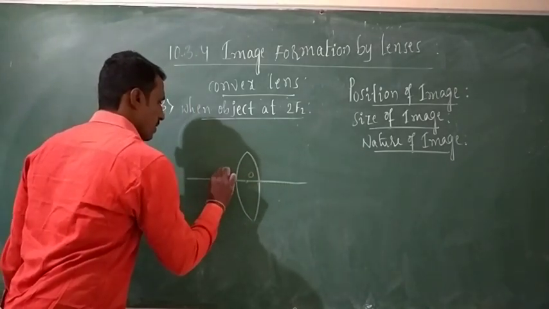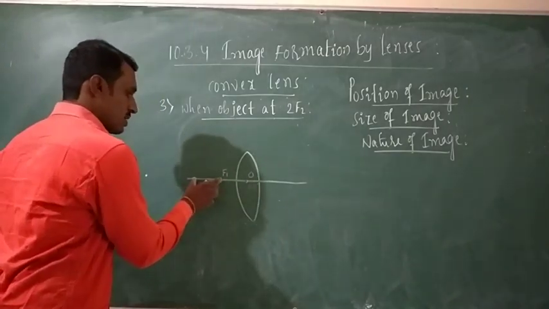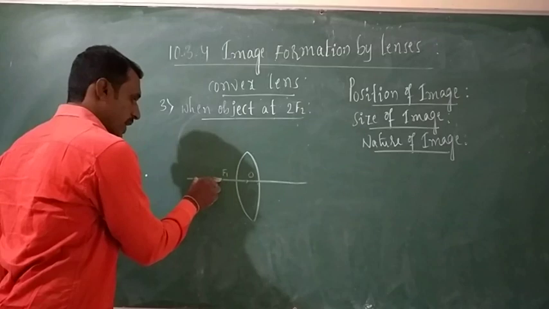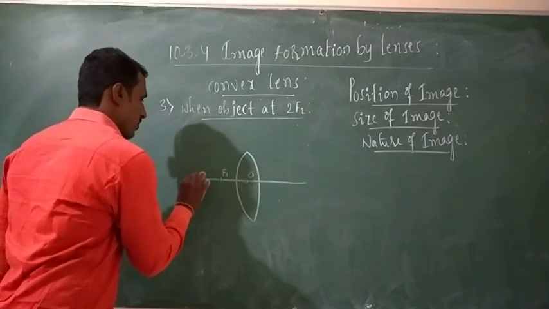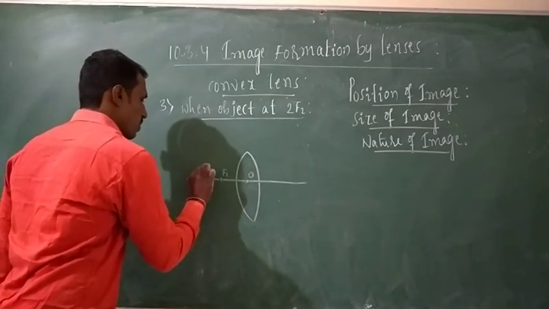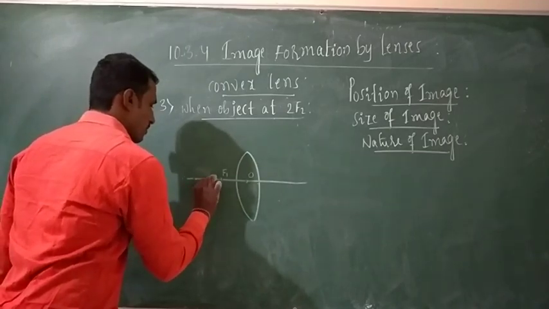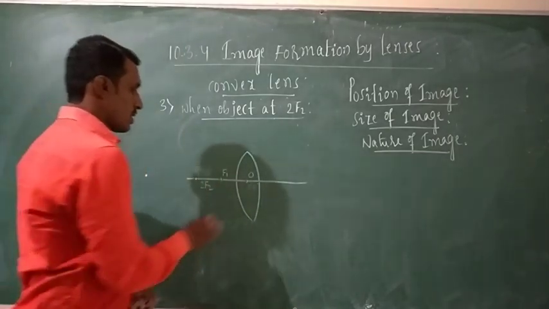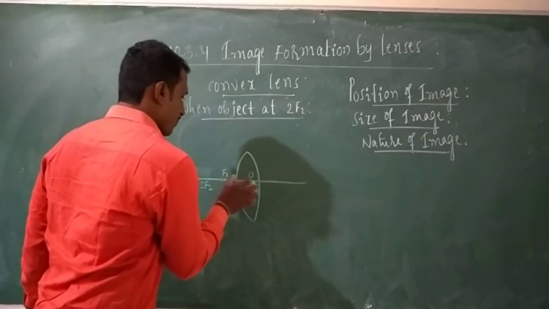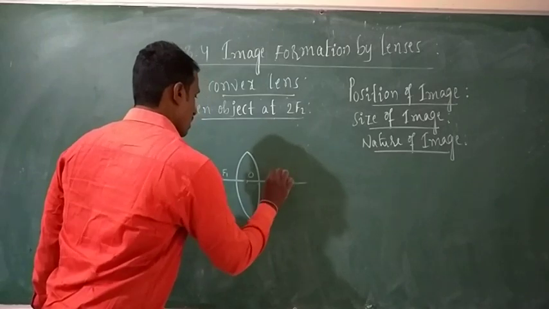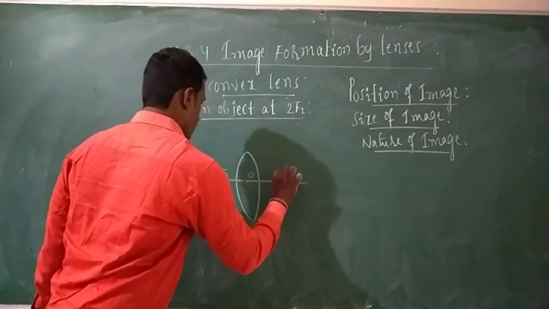Focus called as f1. At the same distance of optical center and focus, we have to take center of curvature, which is also known as 2f2. This side also, this is f2.